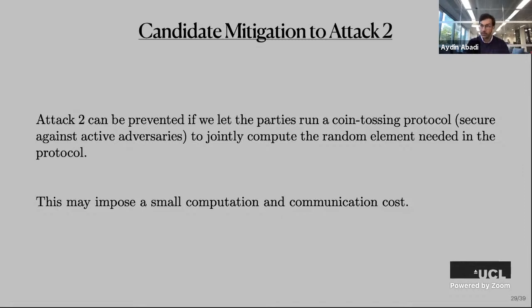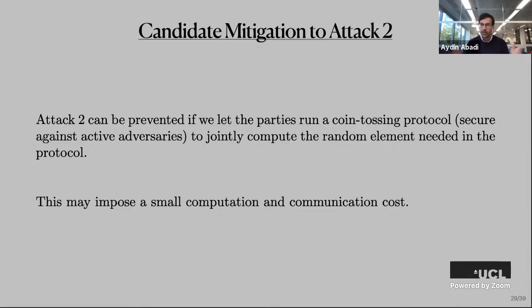The attack can be prevented, attack 2, if we let parties in the OPA, in the sub-protocol, run a coin tossing protocol, secure against active adversary, to compute the random value. In this case, each party cannot pick this random value independently.